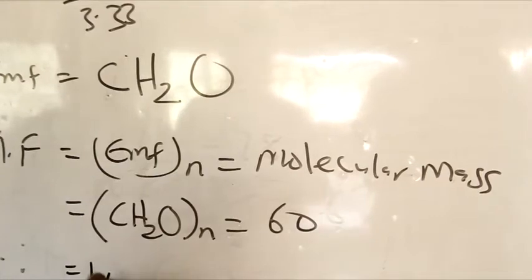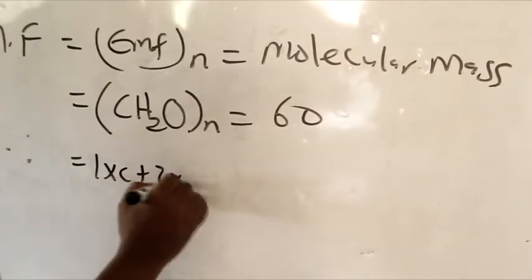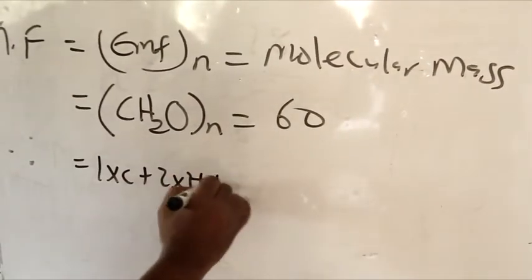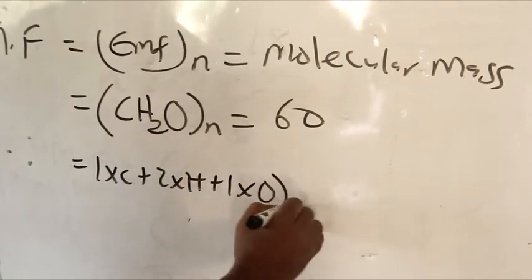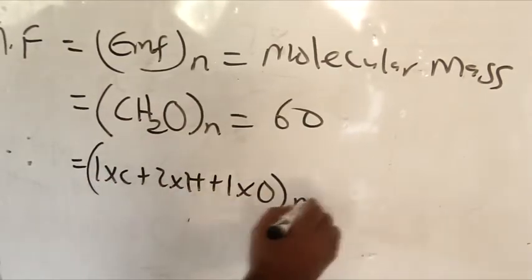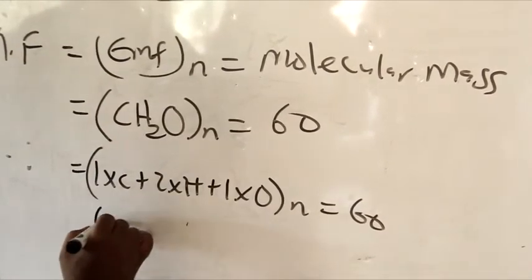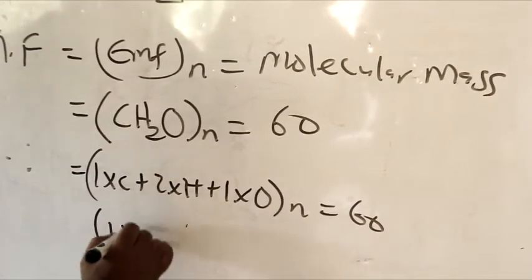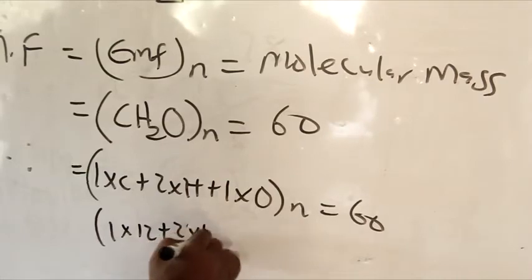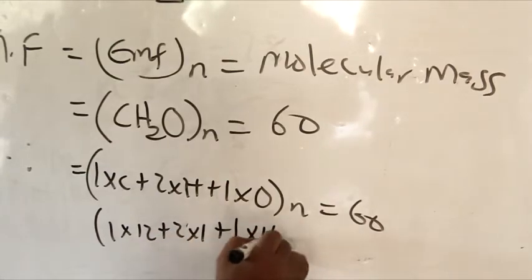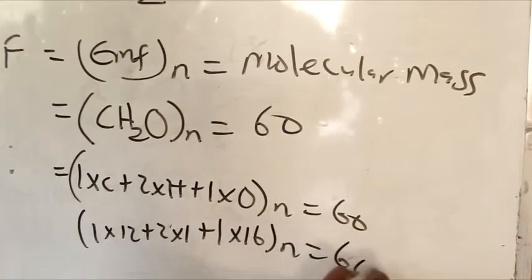So 60 here, and then you expand your bracket. That will give us 1 times C plus 2 times H plus 1 times O into N is equal to 60. So we have bracket 1 times 12 plus 2 times 1 plus 1 times 16, N is equal to 60.